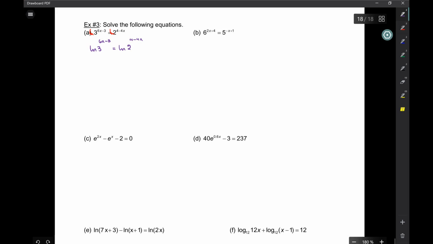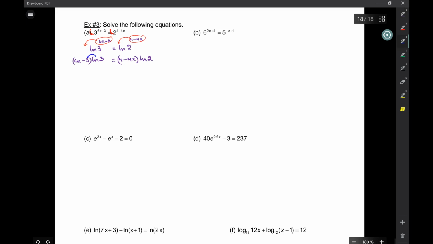Now this is a power property. What I do is I take this exponent and I move it down and it becomes a factor. So (6x minus 3) times ln of 3. Most common mistake here is students forget to put the parentheses here, and then you can't do it properly. Equals (4 minus 4x) times ln of 2.